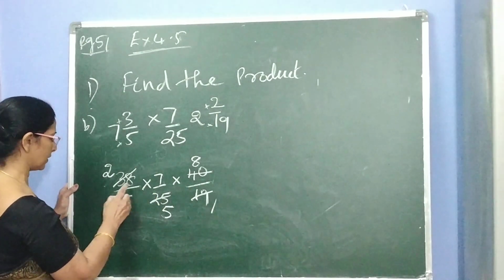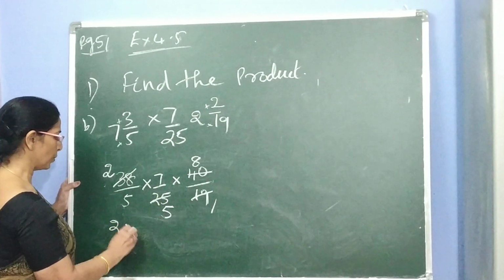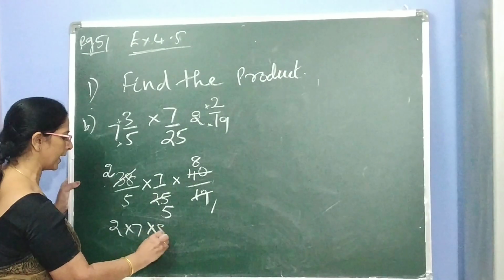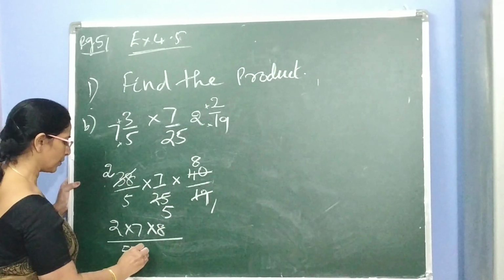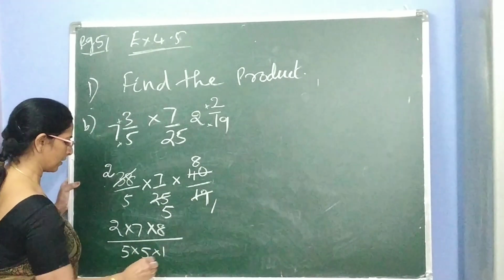Now what are we left with in the numerator's place? 2 into 7 into 8 by 5 into 5 into 1.